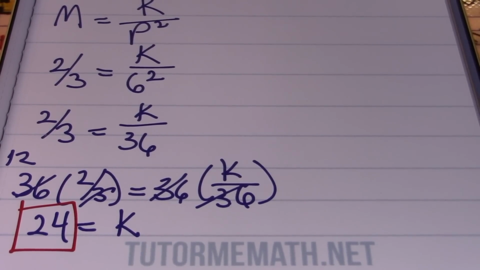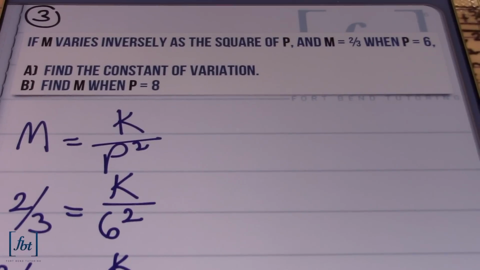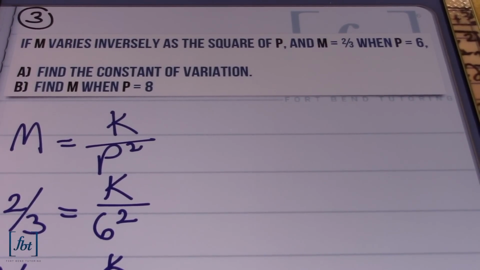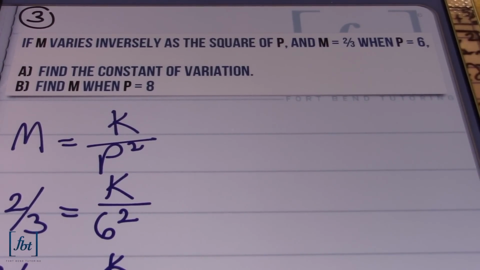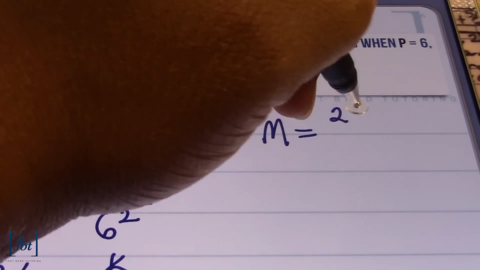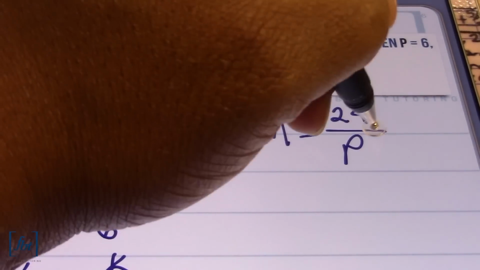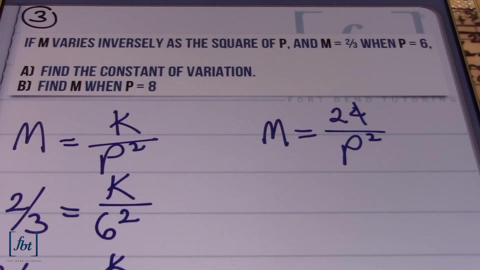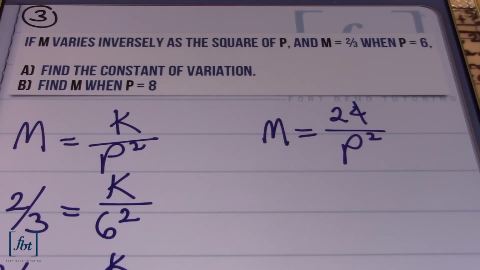Now we'll go ahead and write our variation equation. Now notice they didn't specifically ask us to write the variation equation. However, it's necessary to solve part B. And we'll have M equals 24 divided by P squared. And there is your variation equation. We'll use this to solve for part B. Since we now know that M is equivalent to 24 divided by P squared, they want us to find M when P equals 8.